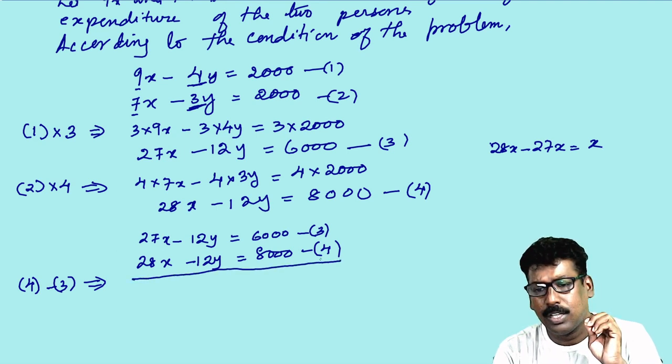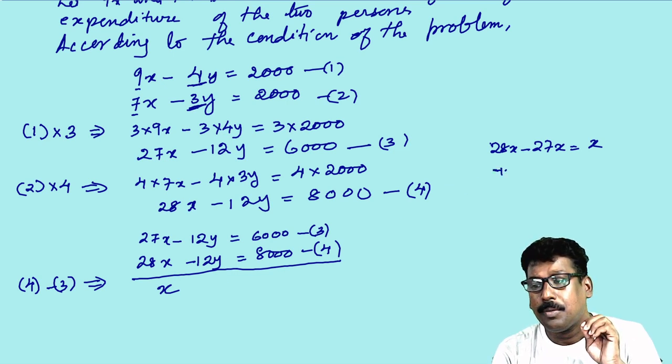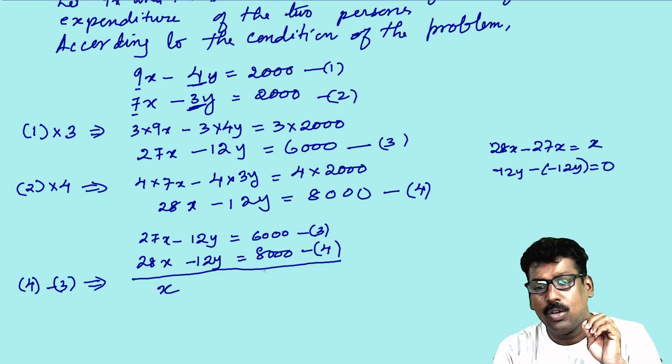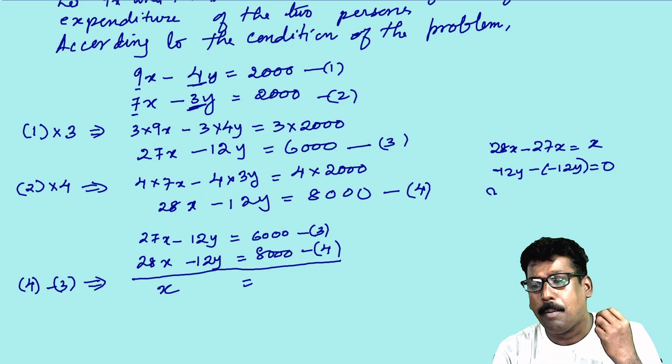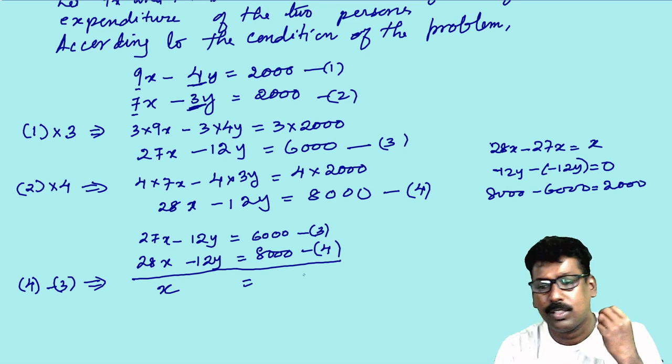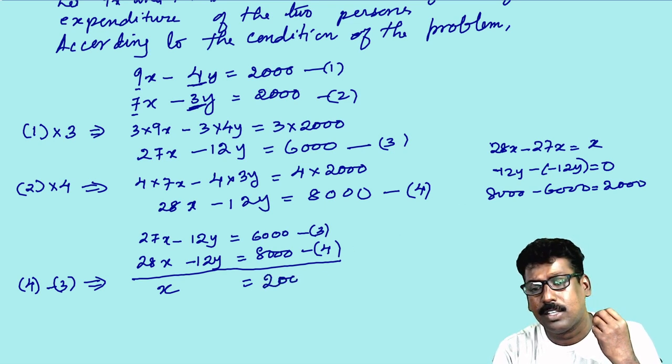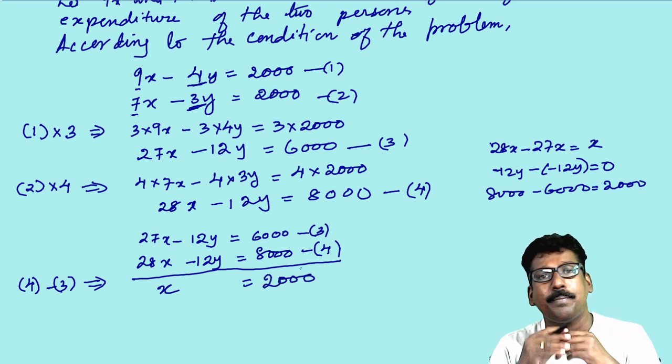Then minus 12y minus 12y, same term if you subtract you will get 0. So x plus 0, 0 no need to write. Then 8000 minus 6000, that you will get 2000. So x is equal to 2000.